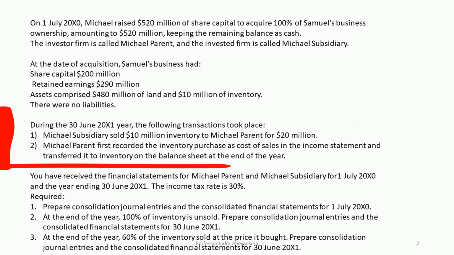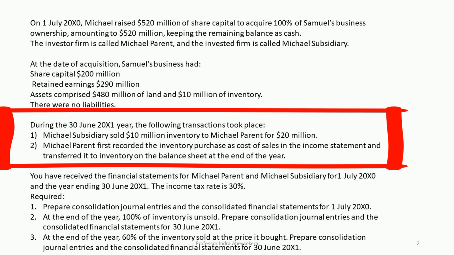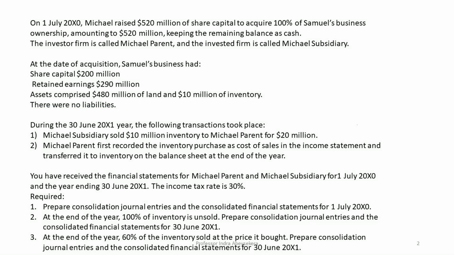During the year to 30th June 20X1, the following transactions took place. Michael Subsidiary sold 10 million of inventory to Michael Parent for 20 million. Michael Parent first recorded the inventory purchase as cost of sales in the income statement and transferred it to the balance sheet at the end of the year.